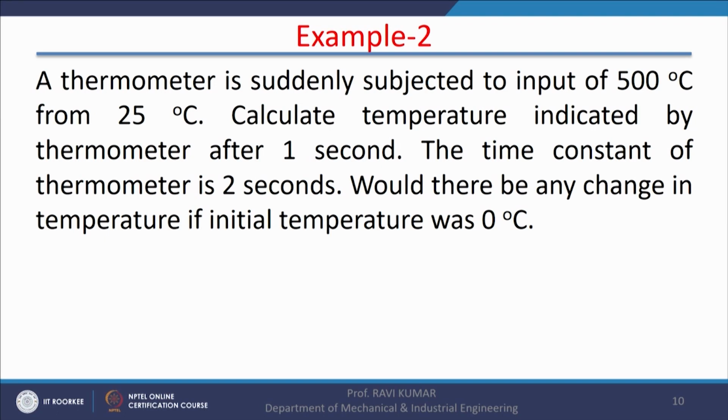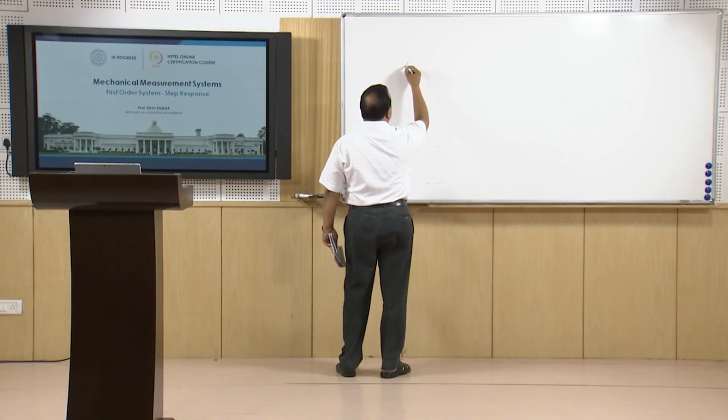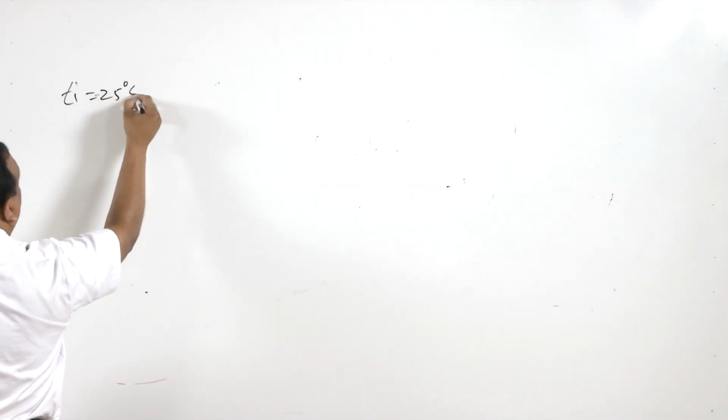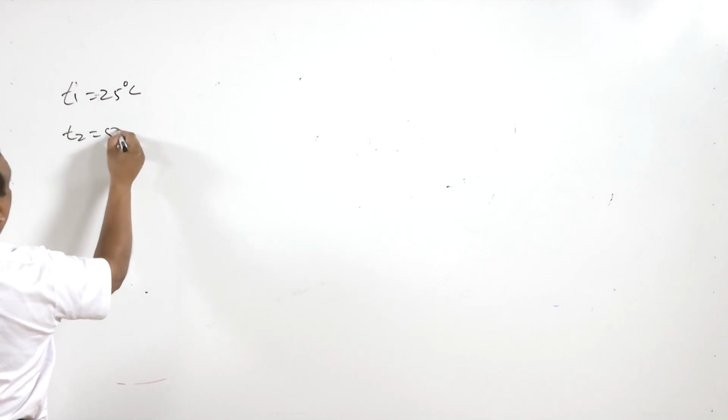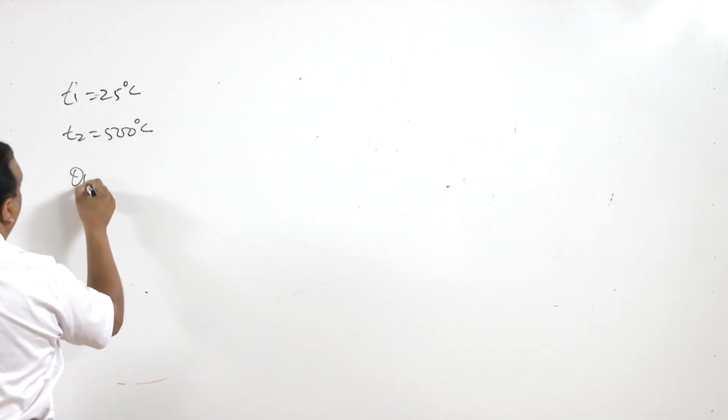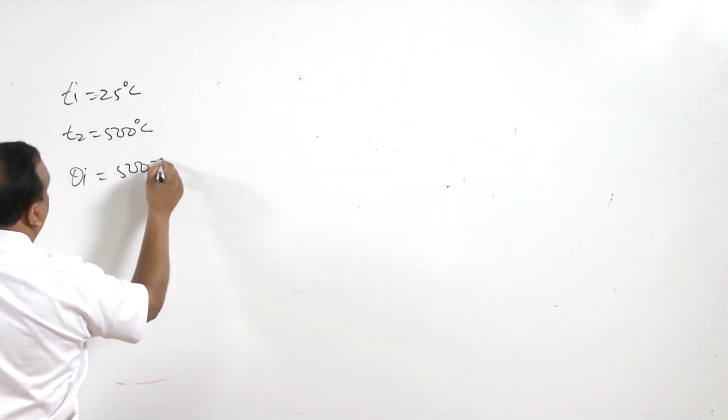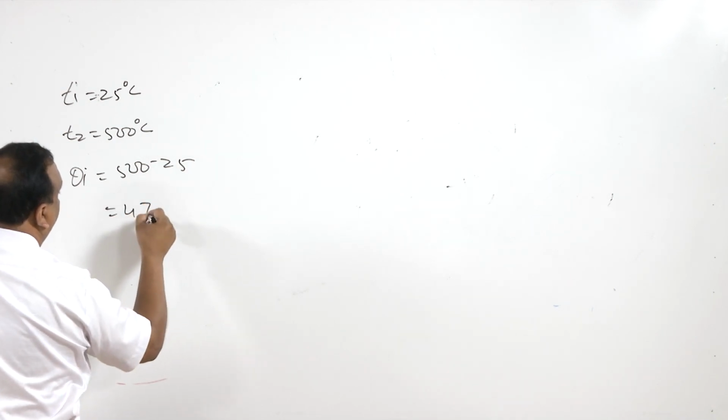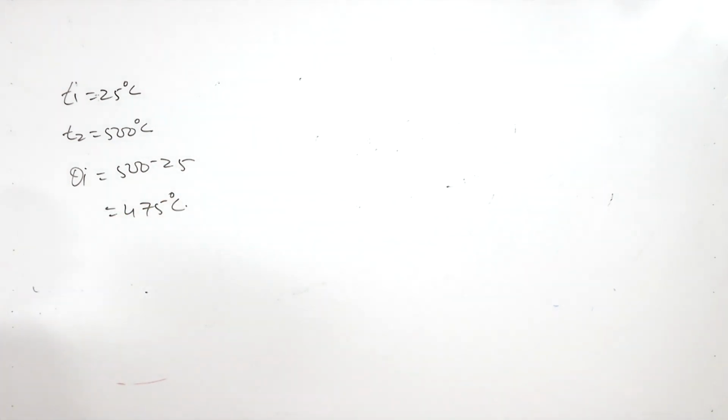Now in this example, the thermometer is suddenly subjected to an input of 500 degree centigrade from 25 degree centigrade. So T1 is 25 degree centigrade, T2 is 500 degree centigrade, so theta I is equal to 500 minus 25, which is 475 degree centigrade.